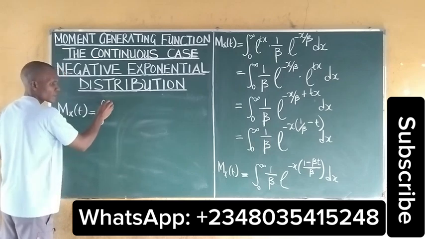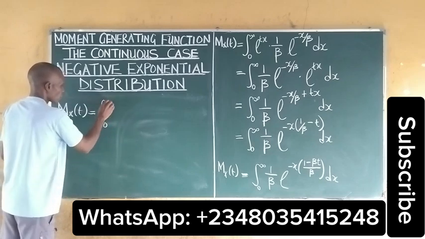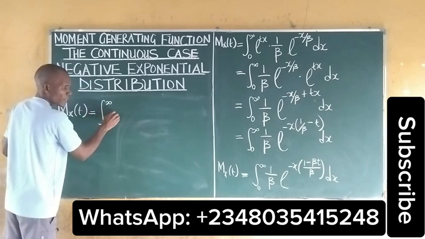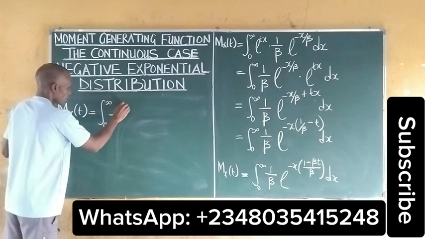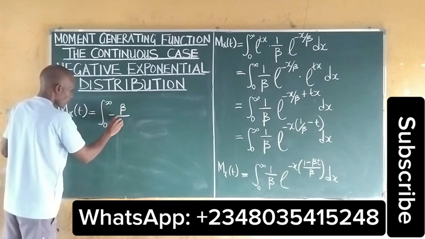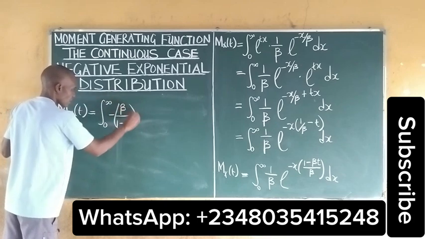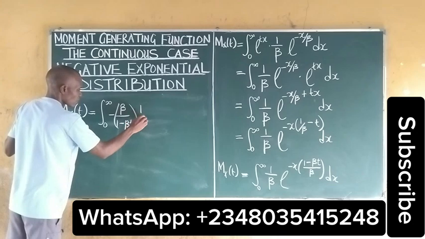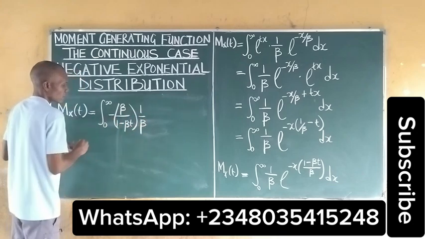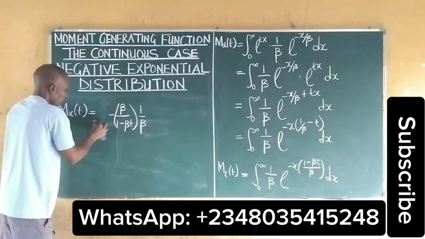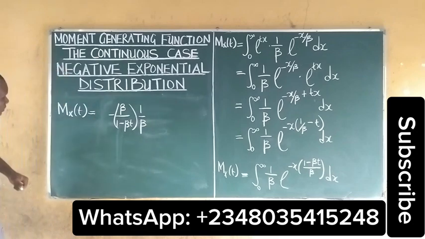the integral from 0 to infinity, negative beta all over 1 minus beta t, 1 all over beta, sorry, we are already integrating.